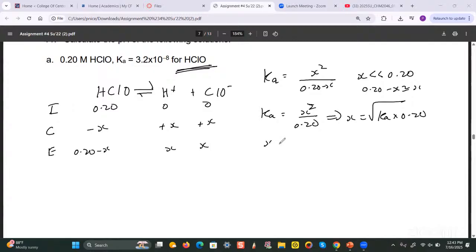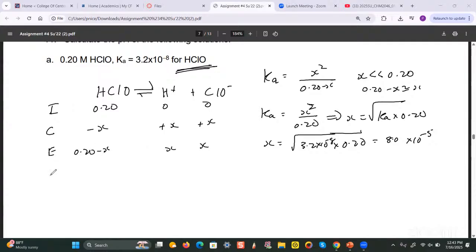So X would be equal to what's Ka? 3.2 times 10 to the minus 8, multiply by 0.2, and whatever you get there, we find the square root of all that. So according to my calculations, and please correct me if I'm wrong, I got 8.0 times 10 to the minus 5.